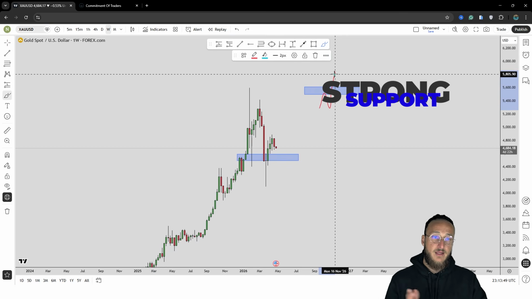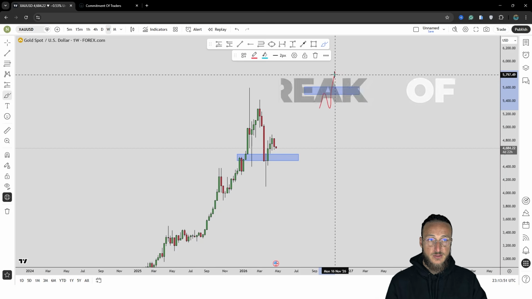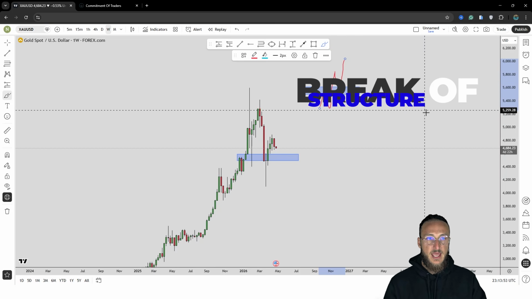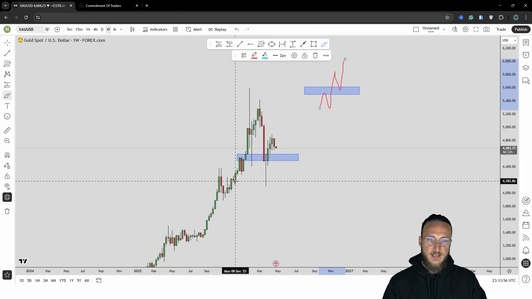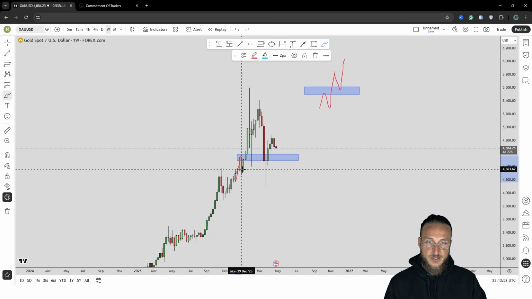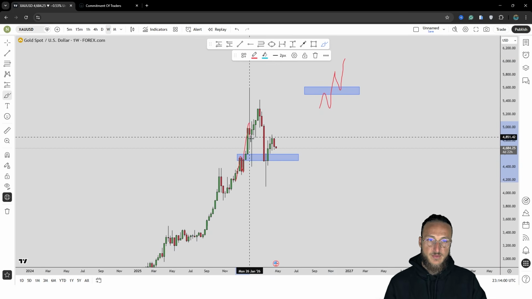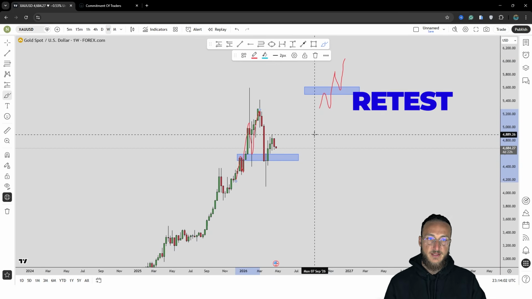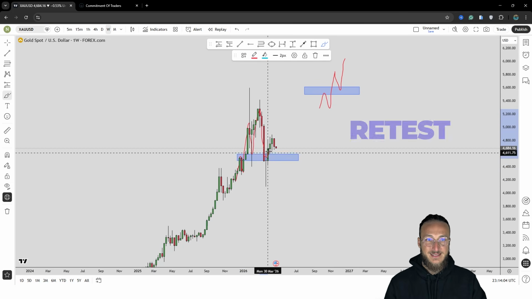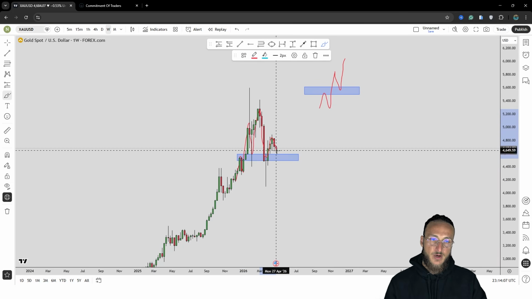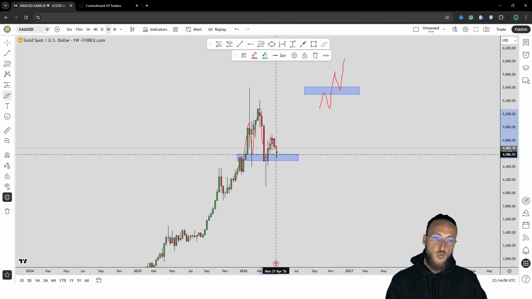So after the break of the previous resistance turned support, you expect a retest and rejection to the upside. And in fact, that is exactly what the market did. First this level was resistance, broke to the upside, retested and respected as support. And again, another retest, still acting as support. And now the market is currently heading towards this zone.